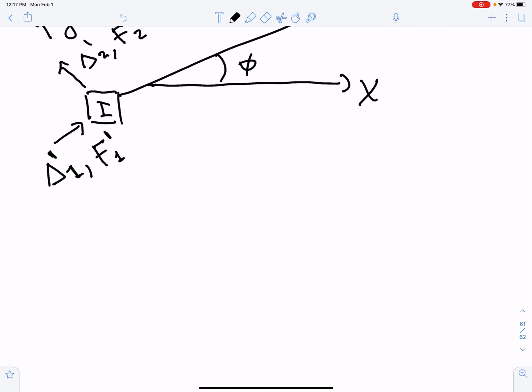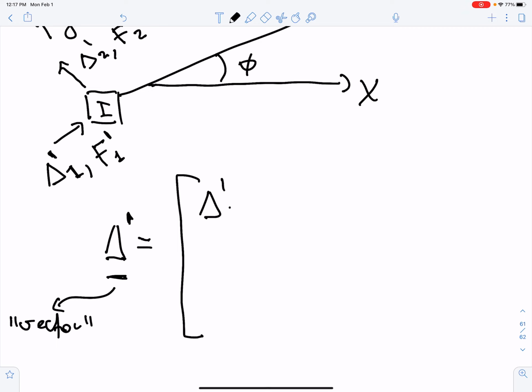All of those can also be packaged into vectors. Underscore means vector, but now it's no longer delta, it's delta prime. There's a difference.